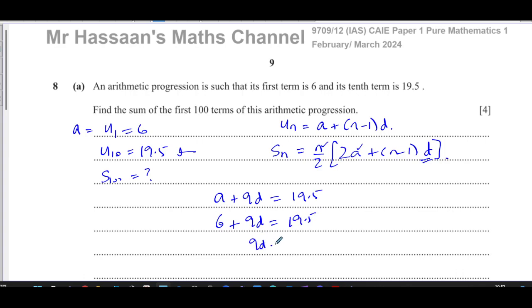So 9d is equal to 19.5 minus 6, so 9d is 13.5.